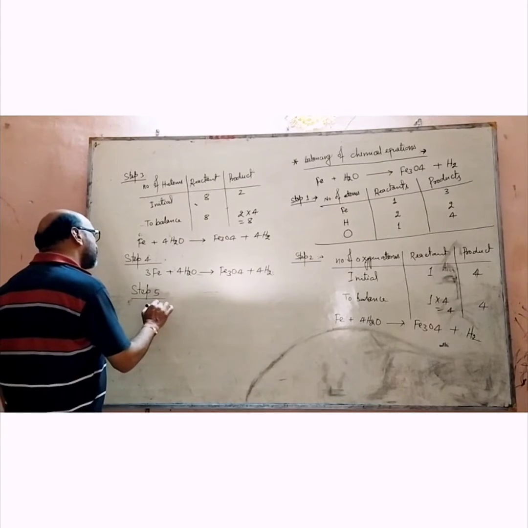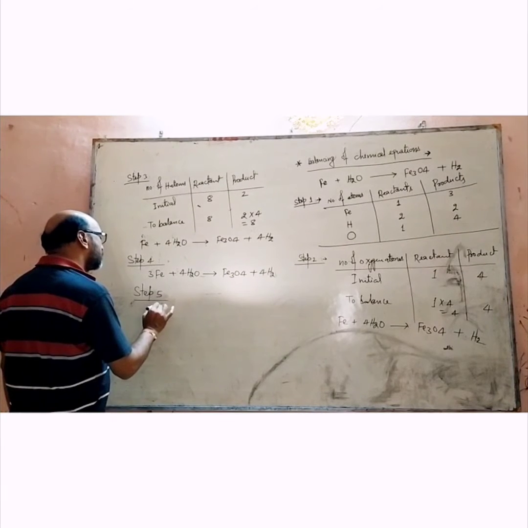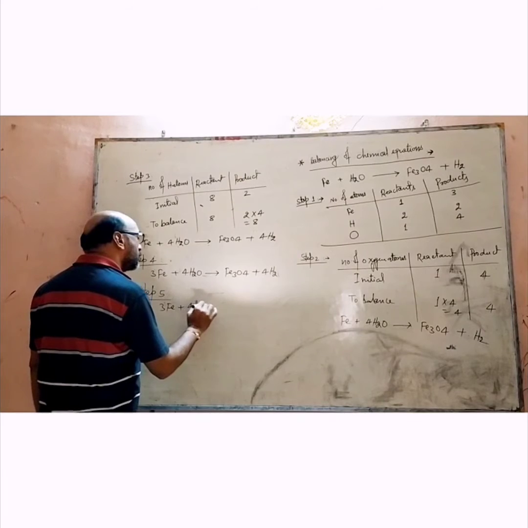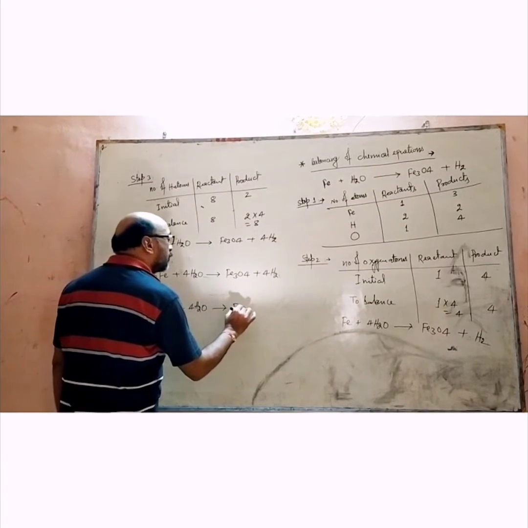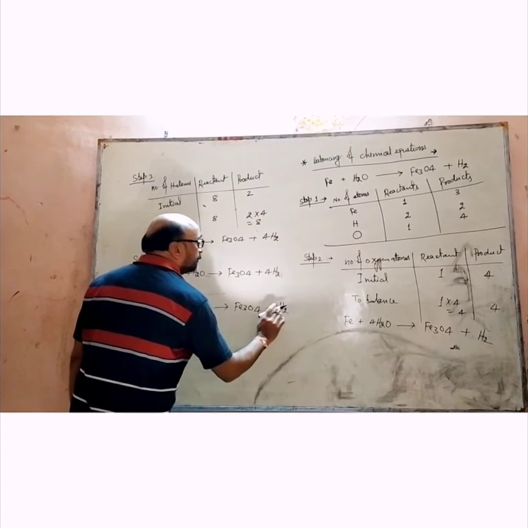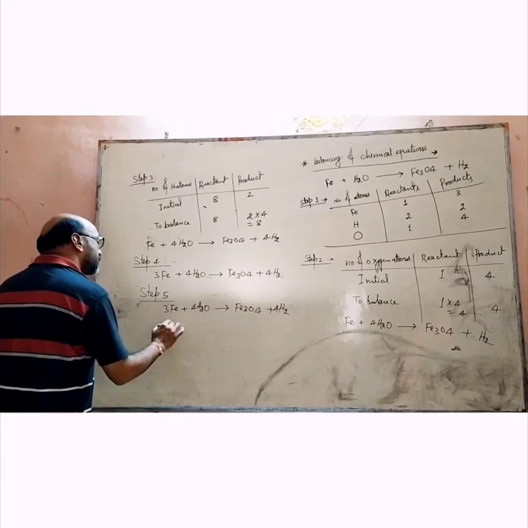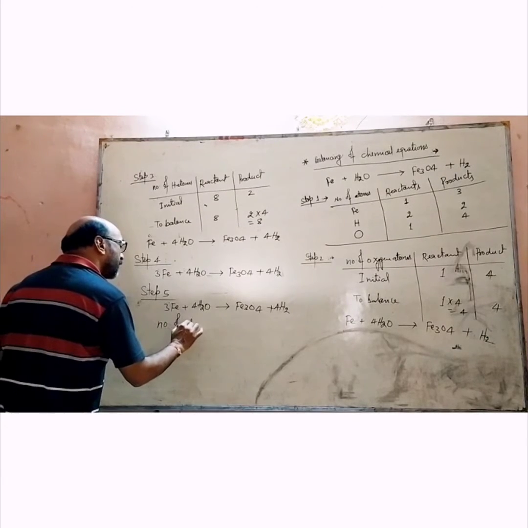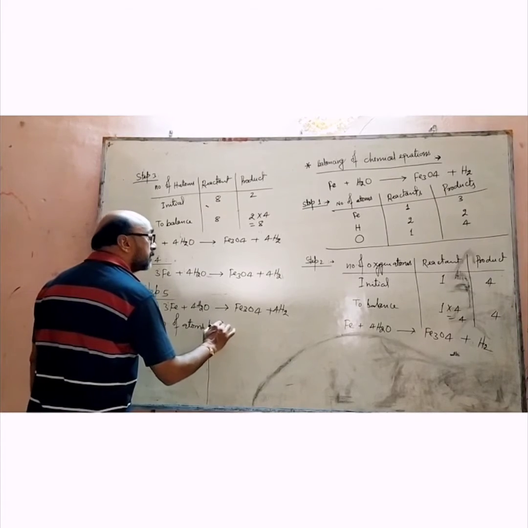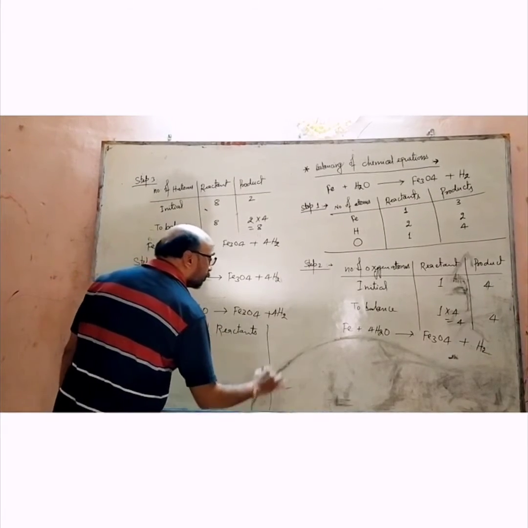Now again write the equation: 3Fe plus 4H2O forms Fe3O4 plus 4H2, and count the number of atoms of each element in reactants and products.